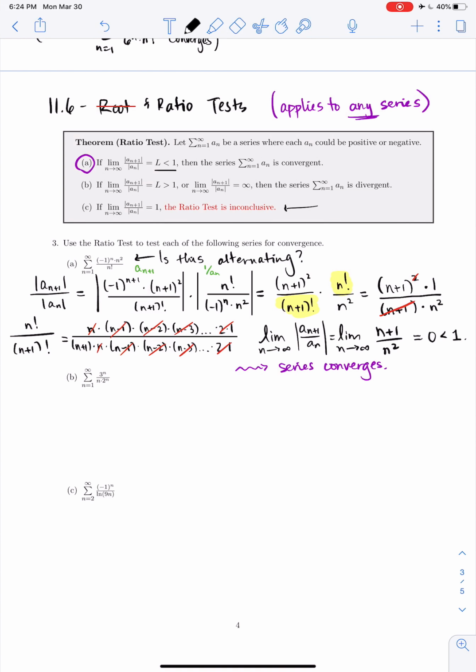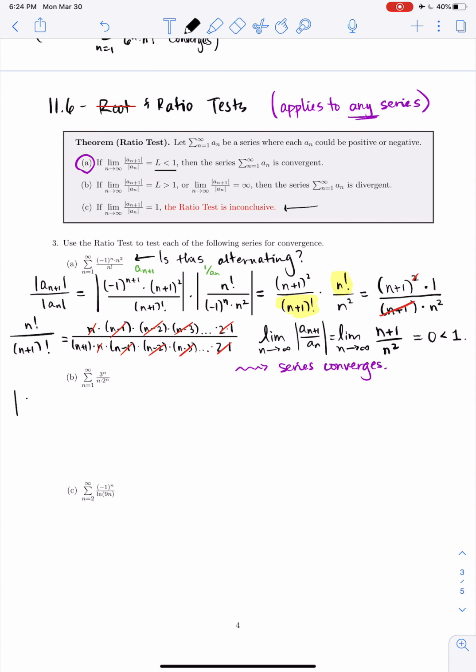This next series in part B, it looks like it has a geometric part, but it is not geometric. So we can't actually use that. Instead, let's go ahead and use the ratio test.